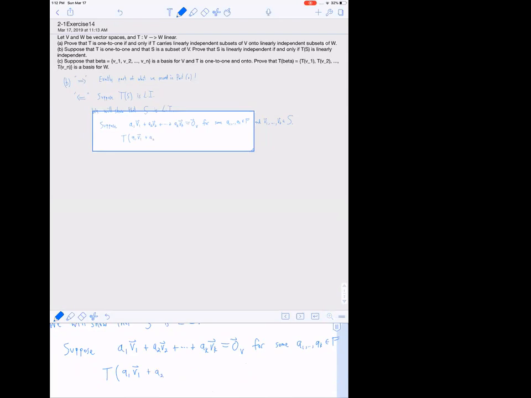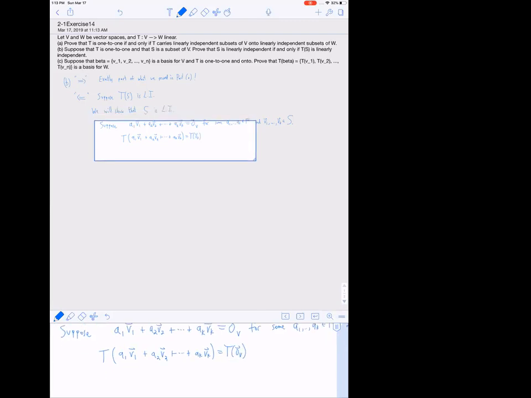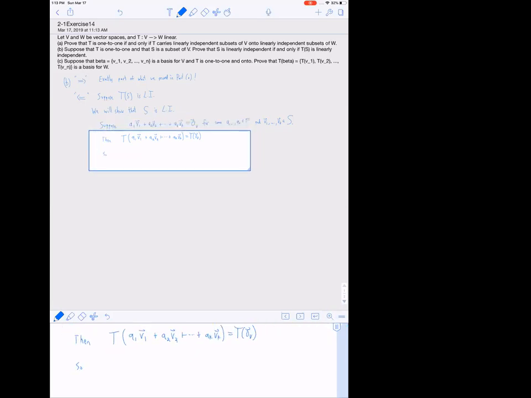So if I applied T to the vector on the left, that should be the same thing as if I apply T to the vector on the right. But now by linearity, we know that T applied to this linear combination is a linear combination of these transformed vectors.